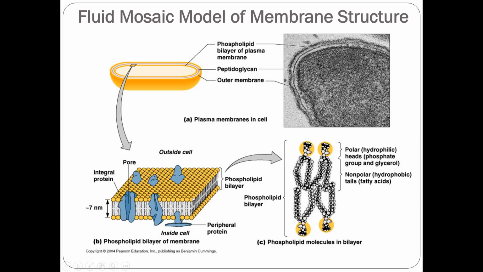When you see these phospholipids, there are two ends. One end we call hydrophilic, which means they like water. The other end is hydrophobic, does not like water, because it is composed of fatty acids.